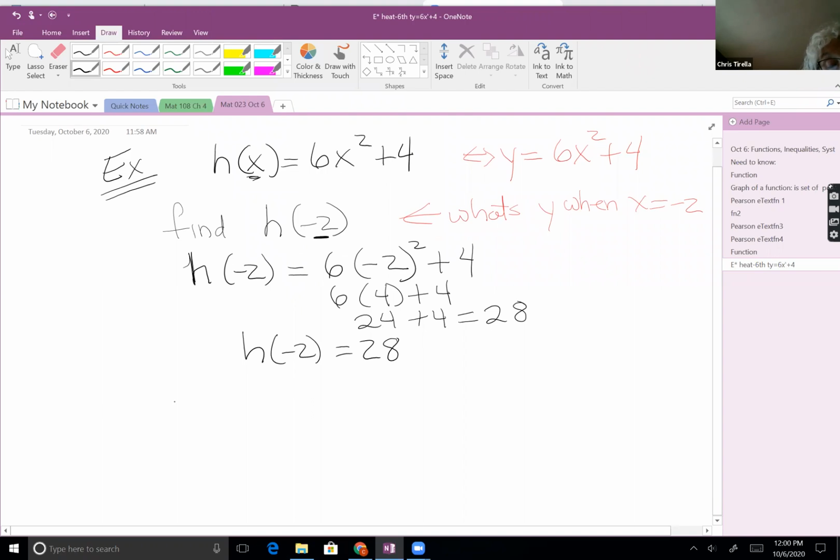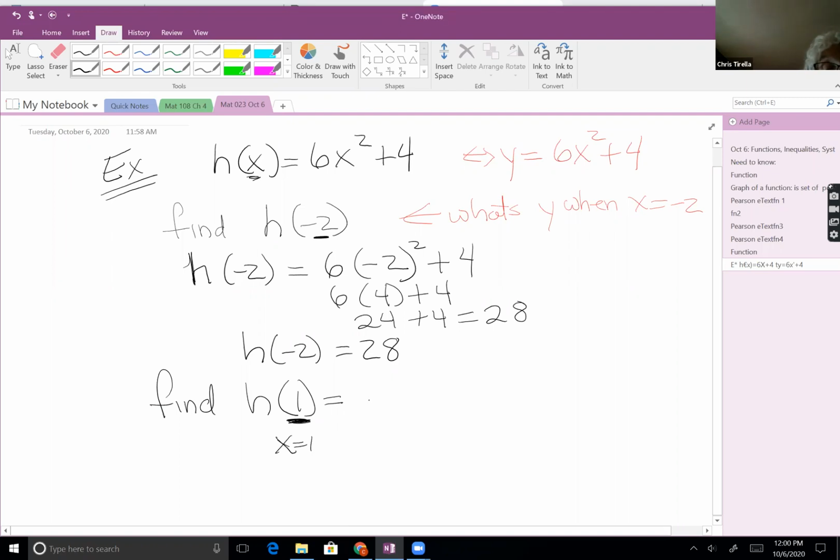What if I ask you to find, let's say, h of 1? In order to find h of 1, what am I going to do? This time I'm going to replace x with 1.